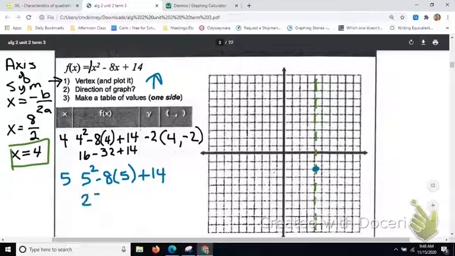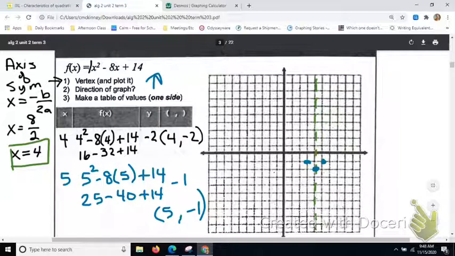So that's 25 minus 40 plus 14, which just turns out to be -1, right? So then this is 5, -1, which would be right here. And because of the axis of symmetry, I know if there's a point there, there's also a partner point over here. His mirror image point is over here.